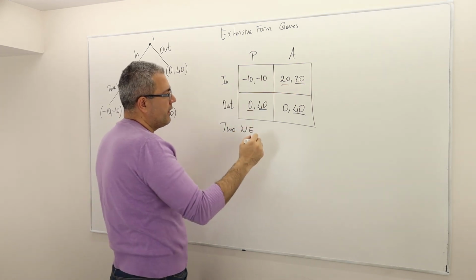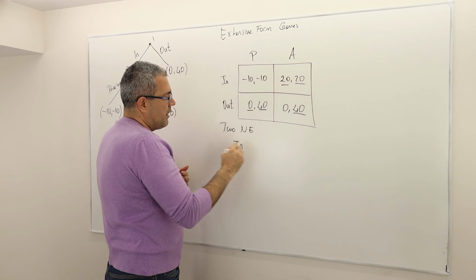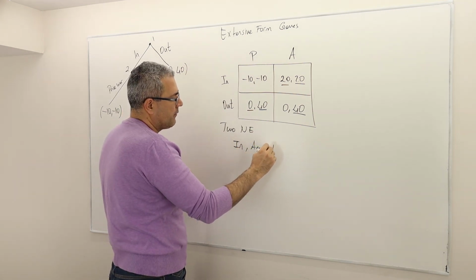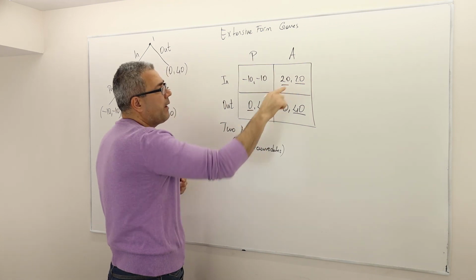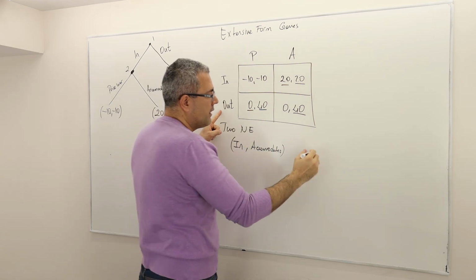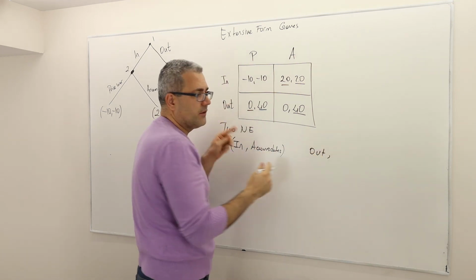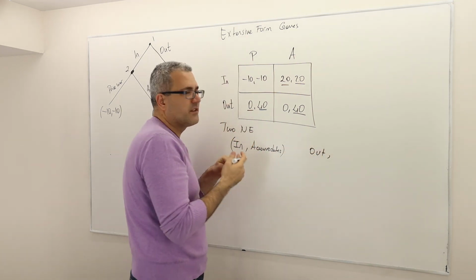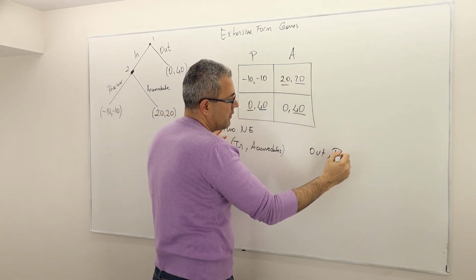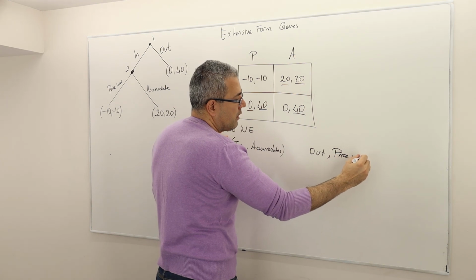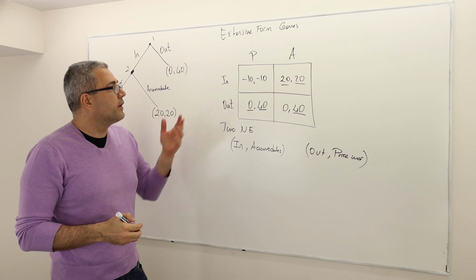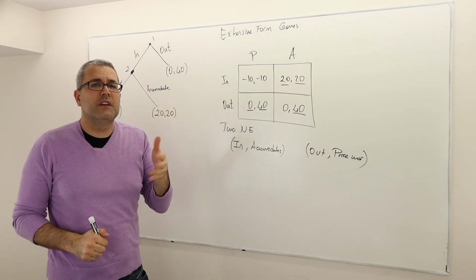One of them is that firm one enters and firm two accommodates, with a payoff of 20/20. The other Nash Equilibrium is that firm one stays out of this market, so it doesn't start a competition, and firm two starts a price war if ever firm one decides to enter.